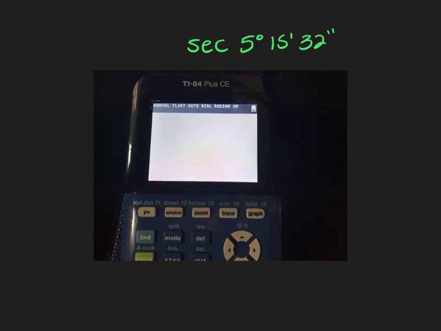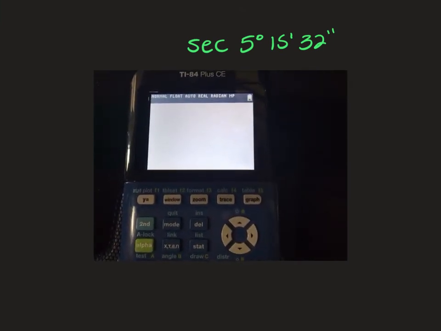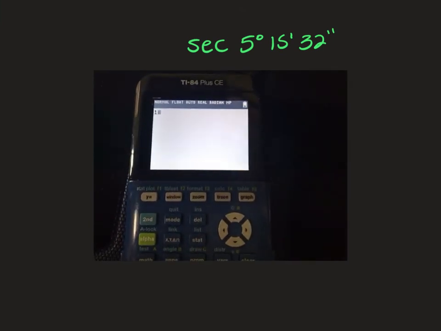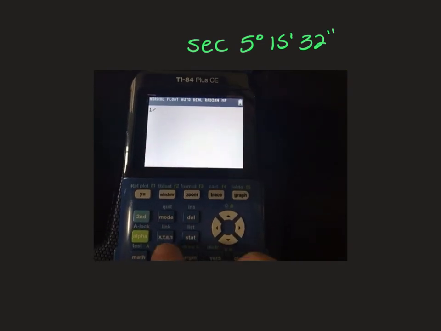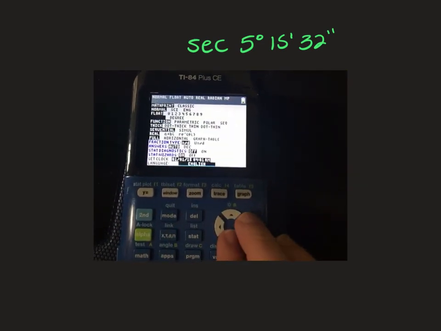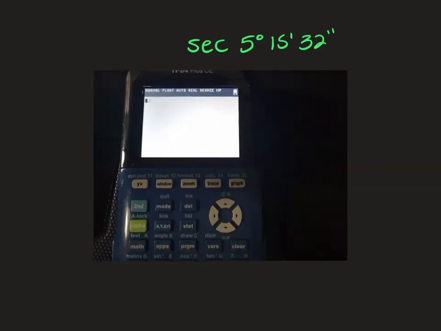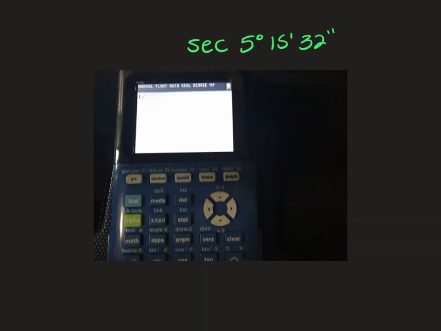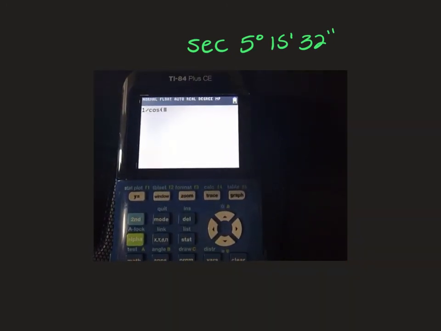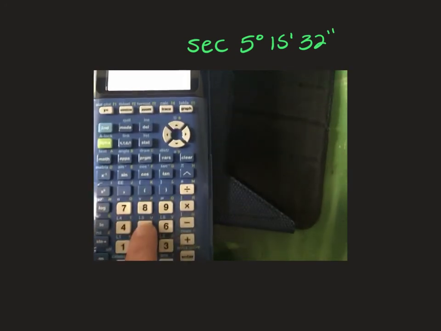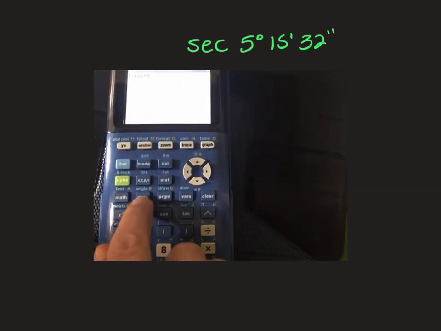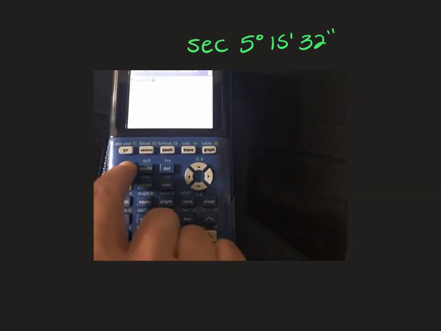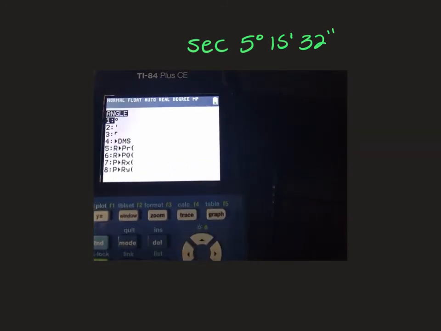Okay, all right. So if I want to find secant, I'm going to do 1 divided by cosine, but first of all, this is in degrees. So I'm going to go to my mode and switch it to degrees. Now 5 degrees. 5 is obviously there. Degrees is under second apps. So I do second apps and I grab the degree symbol.